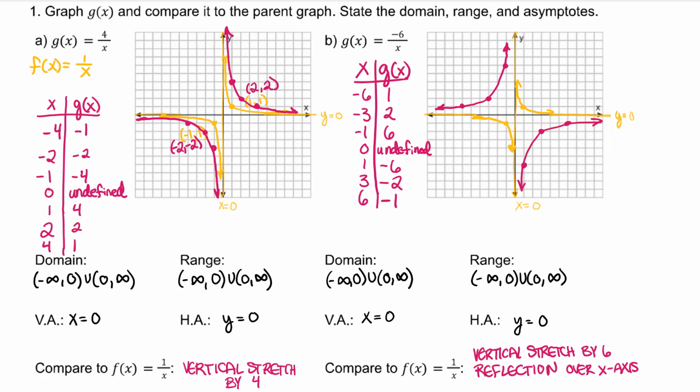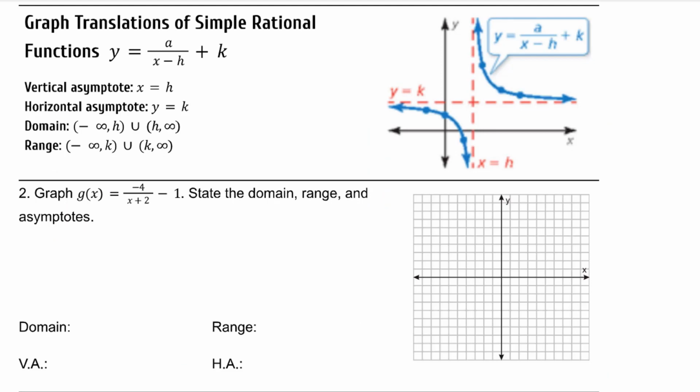So you can see a vertical stretch is just going to pull the branches further away from the origin faster.